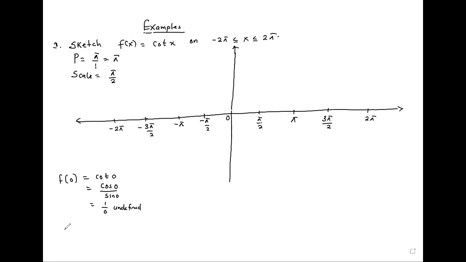So we put the asymptote line here. Then f of 90, we get cot 90.